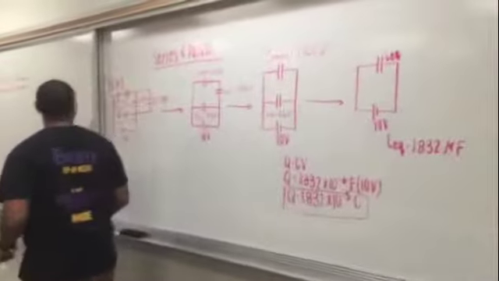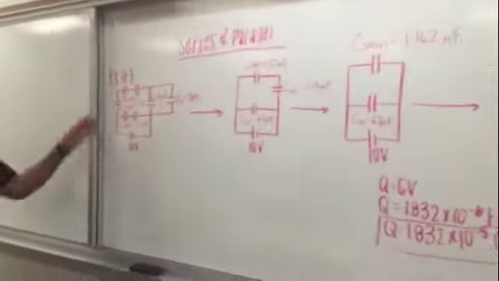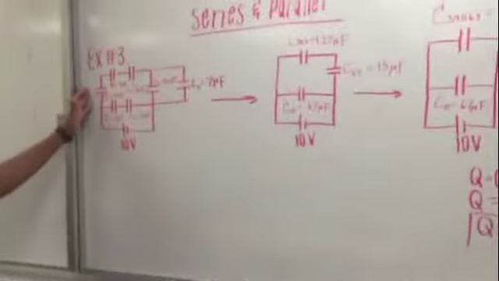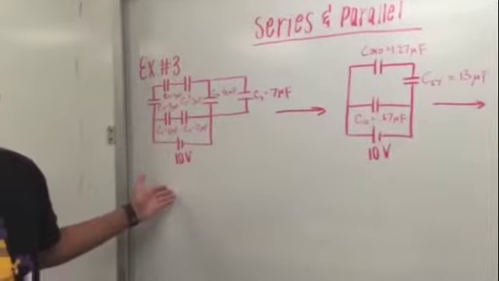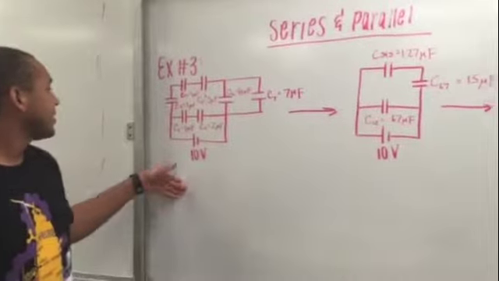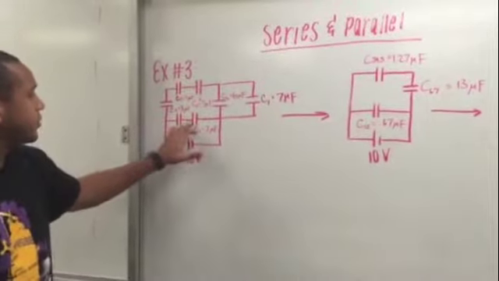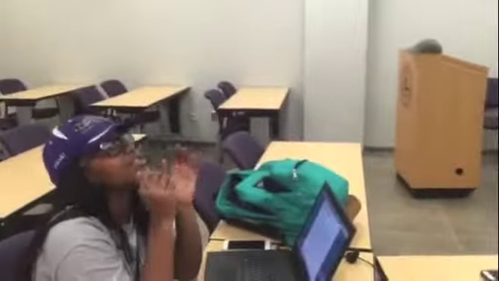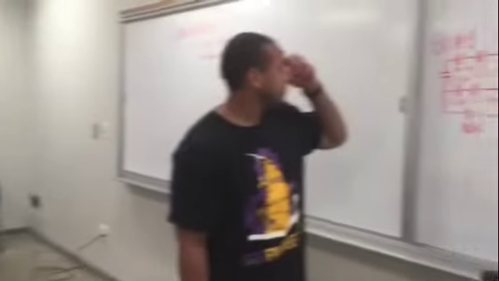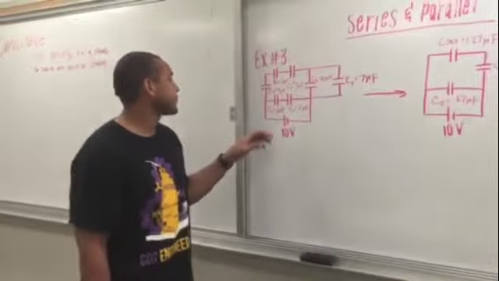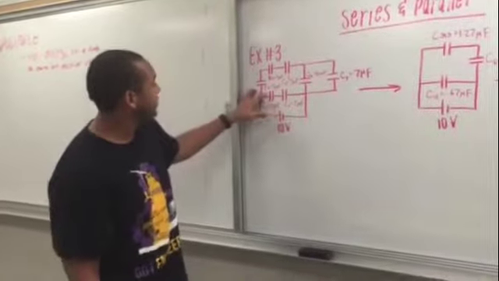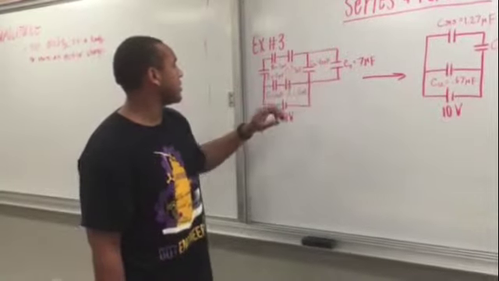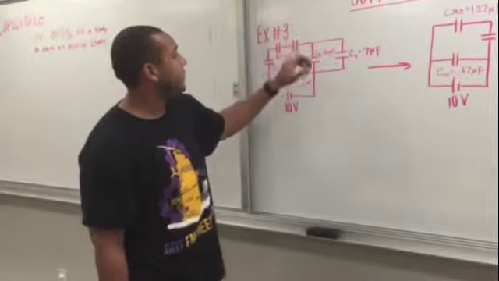Example 3. We have this circuit. How many volts is in it? 10. Capacitors 1 and 2 are in what type, parallel or series? They're in parallel. Capacitor 3 is no longer in series with these 2. Then 4, 5, 6, and 7.